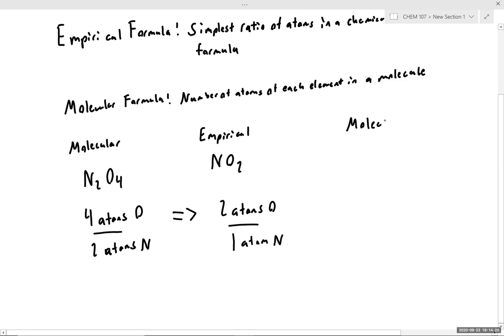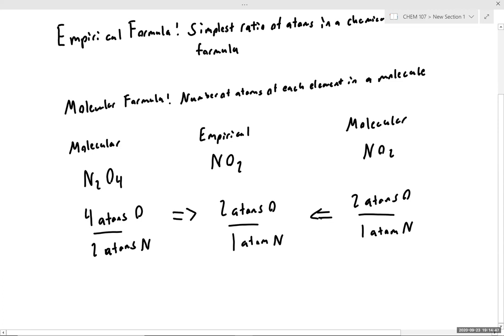Now, what's really interesting is that 2 different compounds can have the same empirical formula. So for example, N2O4 and NO2 have the same empirical formula. Does that make sense to everyone?